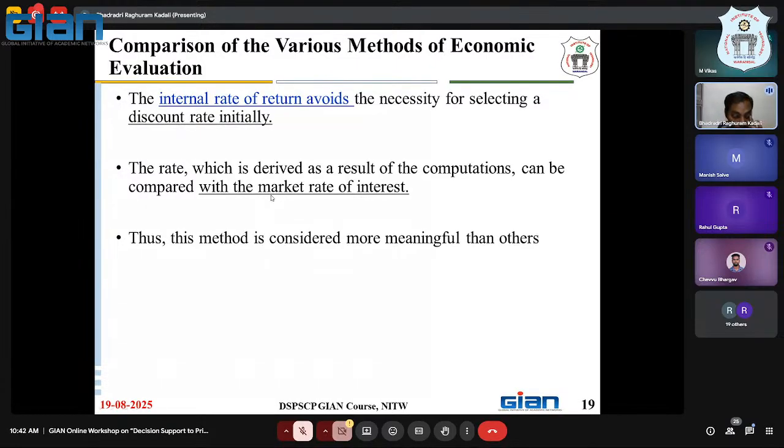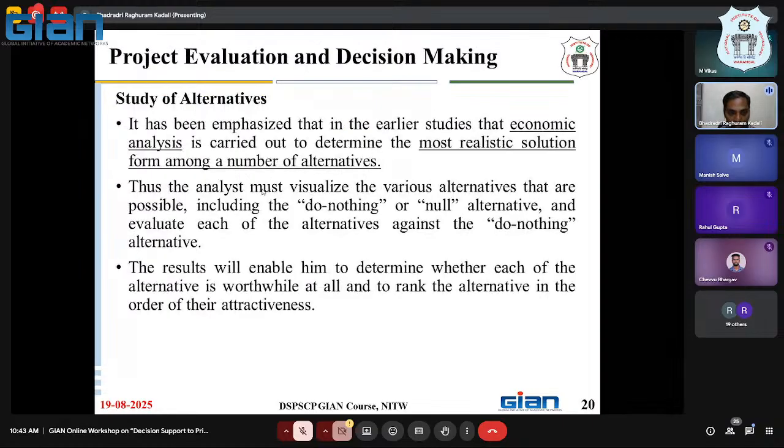Sometimes the market rate of interest is different from what you actually adopted as the discount rate. So all these methods have different variations in terms of the estimation process or the computation of the discount rates. There are different advantages and disadvantages for each method, but mostly we generally adopt the IRR method.